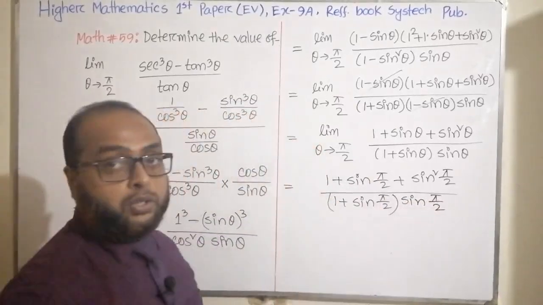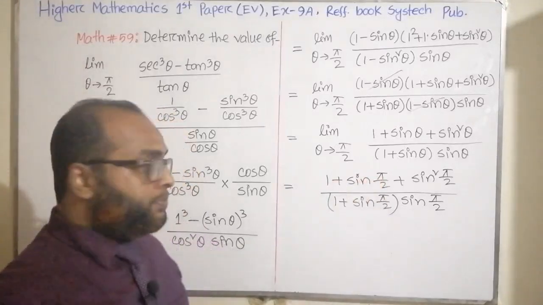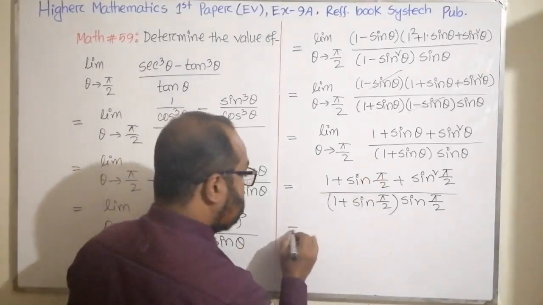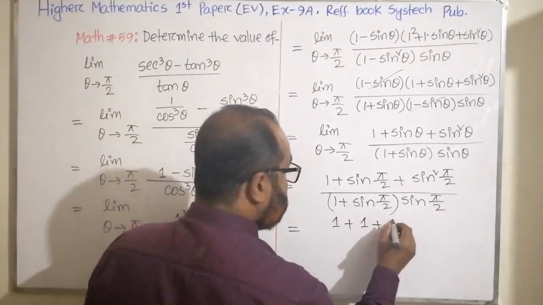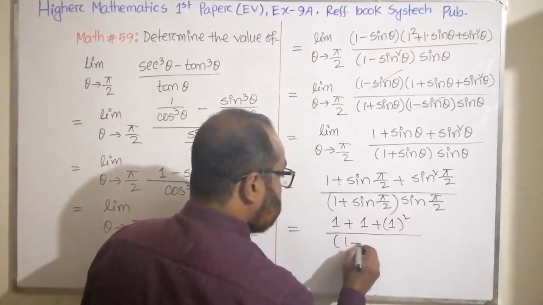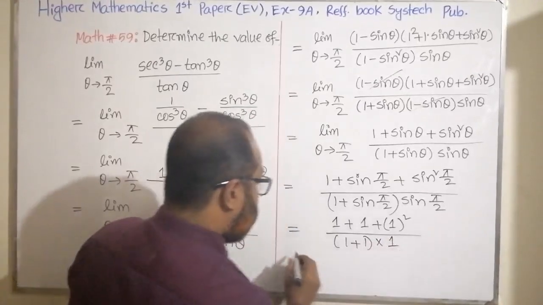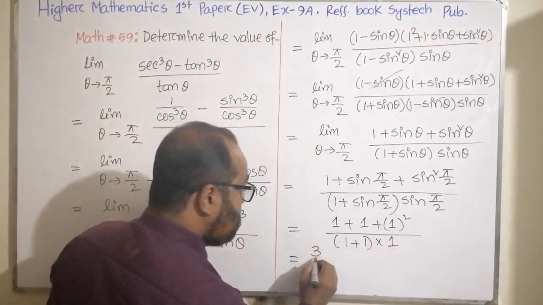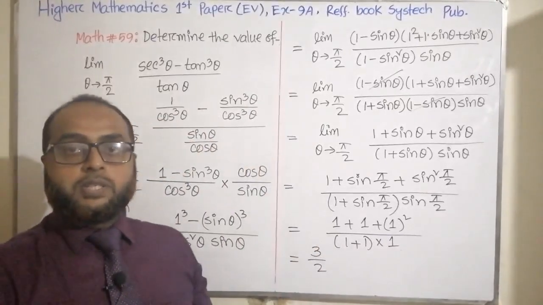That means the value of sin pi by 2, that is sin 90 degree, is 1. We get 1 plus 1 plus 1 square divided by 1 plus 1 into 1. Finally we get 3 divided by 2, and this is the answer of this question.